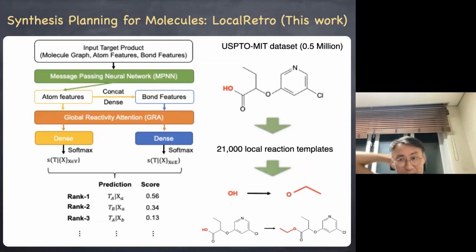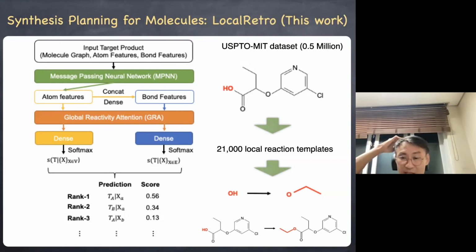For example, on the right-hand side, you can see that for a USPTO patent data set, there are about 500,000 chemical reactions, and we can derive about 20,000 local reaction templates. By local reaction template, I mean we remove all the parts that are the same between the reactant and the product, and then you only look at the changes of the reactions between the reactant and product. And this is one kind of reaction template, and you can derive about 20,000 of them by looking at these 500,000 reaction databases.